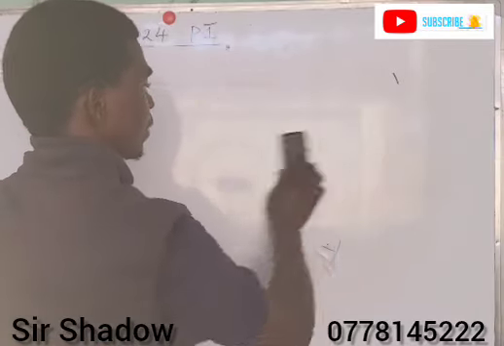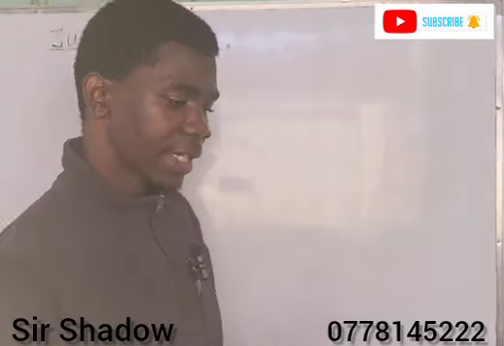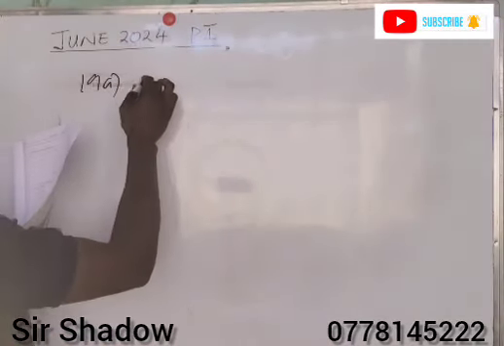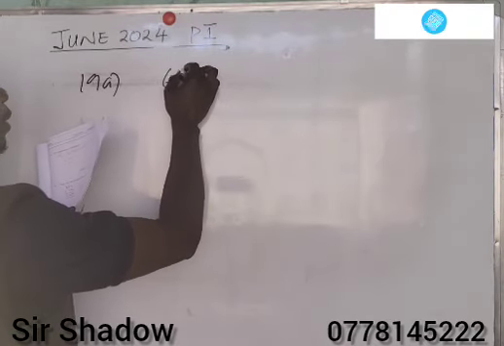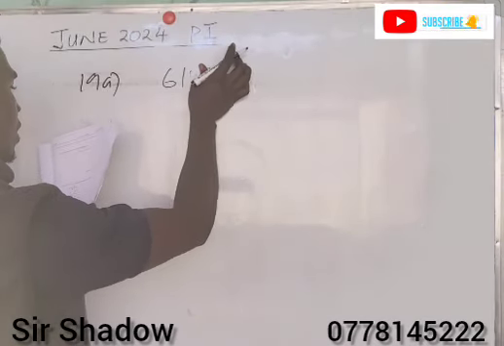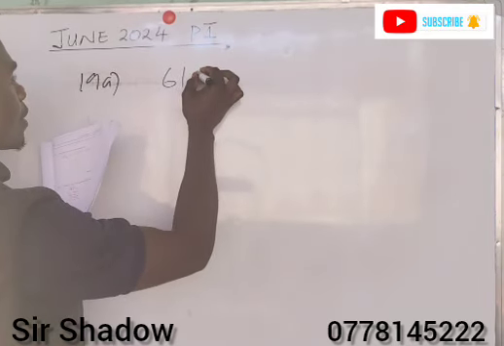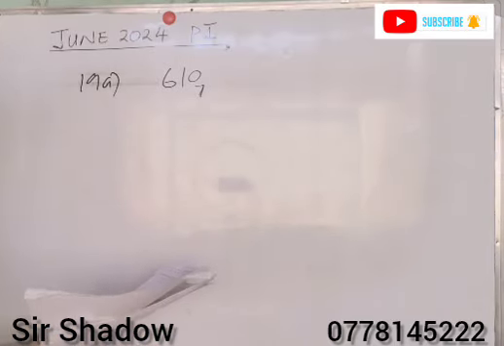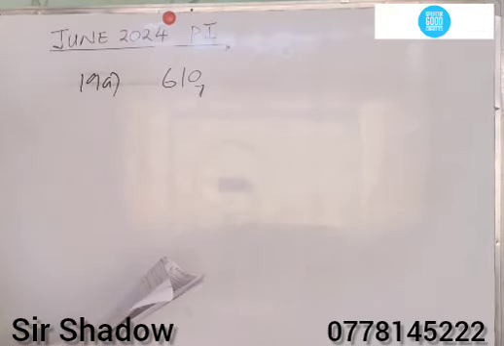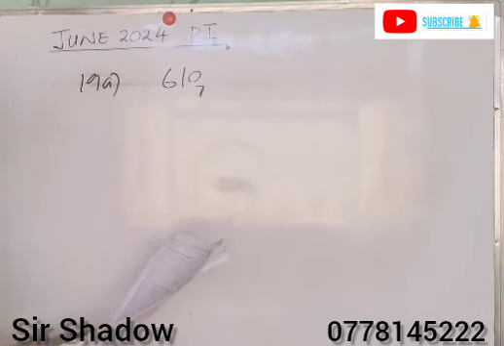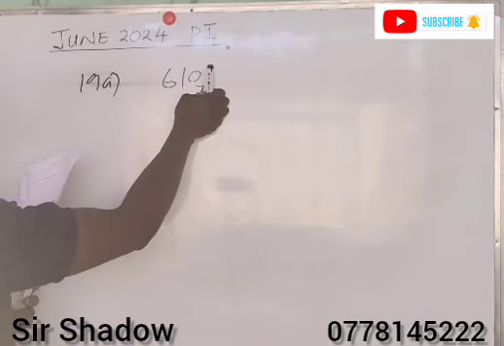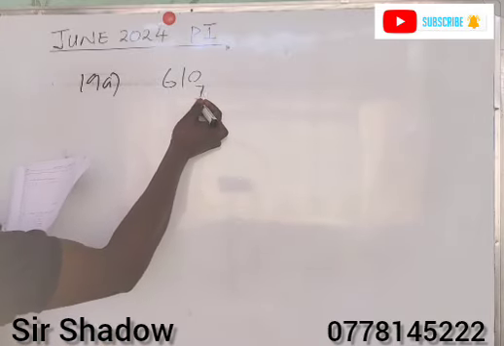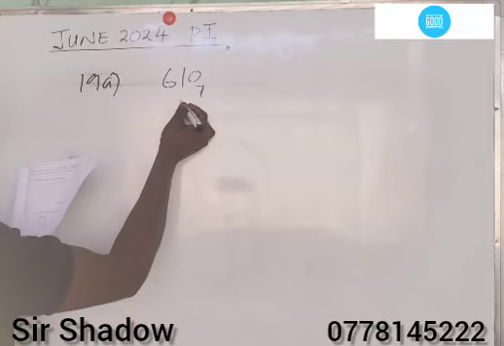In question number 19a, we are asked to write down the value of a in the number 610 base 7. We want to find the value of a from this condition. So we express everything in base 10.